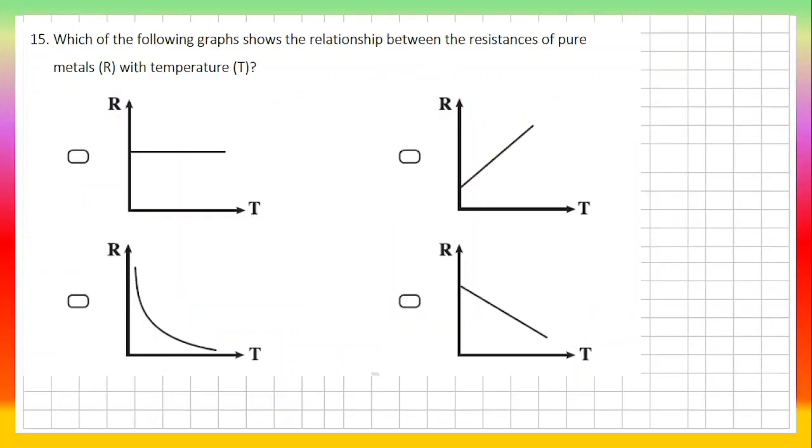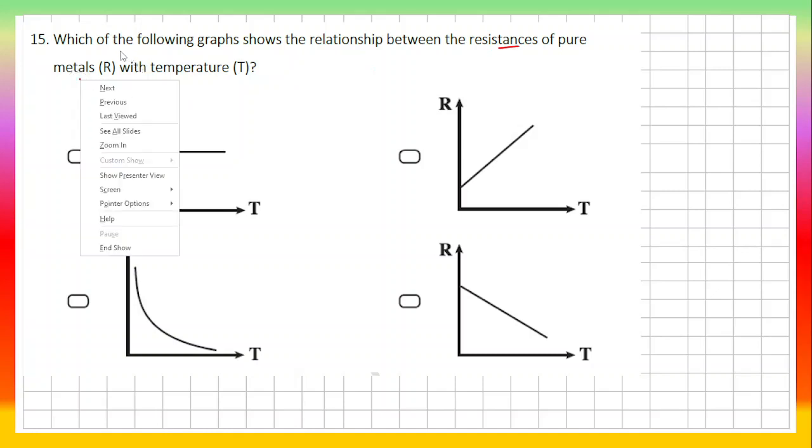So let's do this. Question number 15, from my pamphlet. Which of the following graphs shows the relationship between the resistance of pure metals R with temperature?